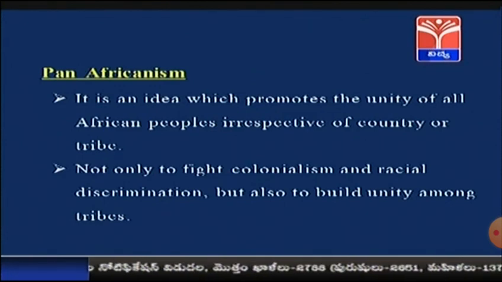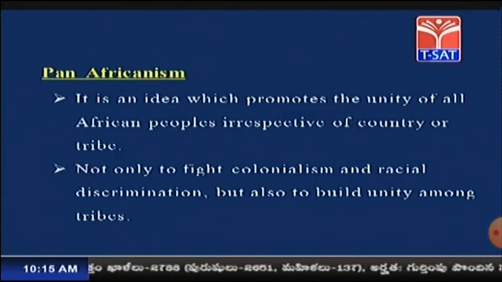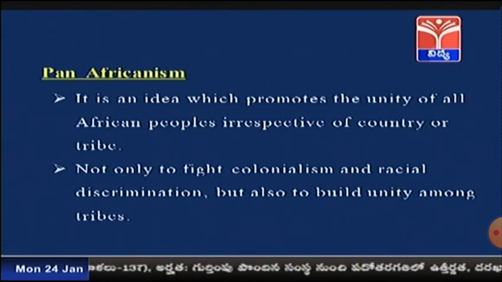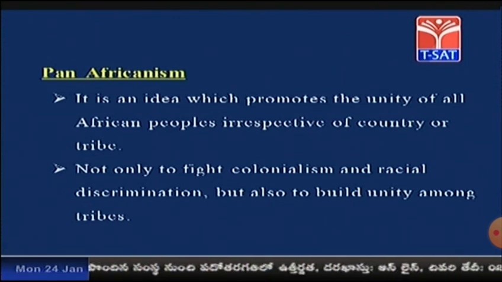Not only fighting against colonialism and racial discrimination, they also wanted to build unity among the tribes. This was a key point of Pan-Africanism.